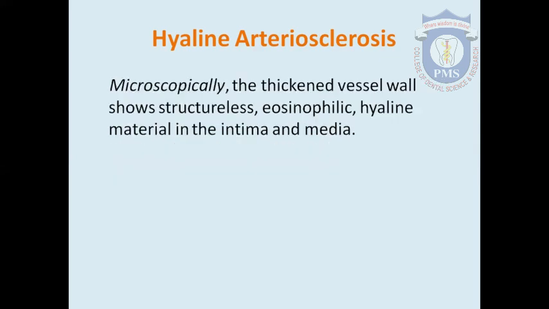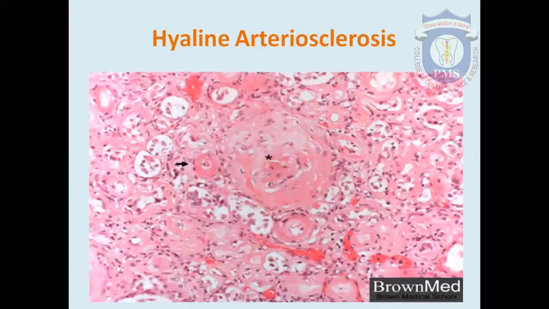Microscopically, the thickened vessel wall shows structureless eosinophilic hyaline material in the intima and media. You can see the diagram of hyaline arteriosclerosis where hyaline-like material is deposited in the intima and media.